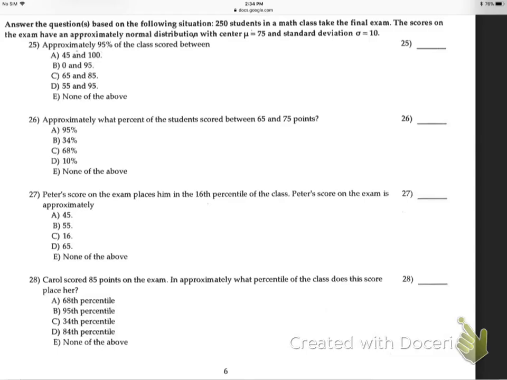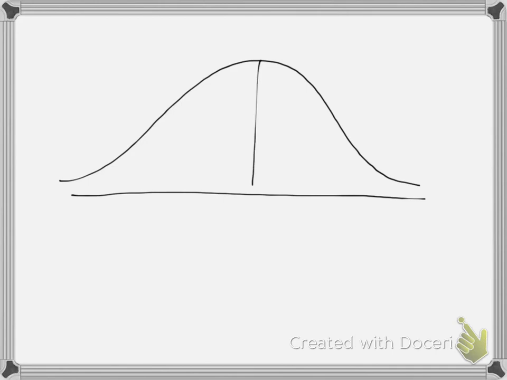So here we go. Bell curve, middle, standard deviation. You know the drill. Let me go to a fresh screen and draw a big bell curve. Middle, 3 lines to the right, 3 lines to the left.